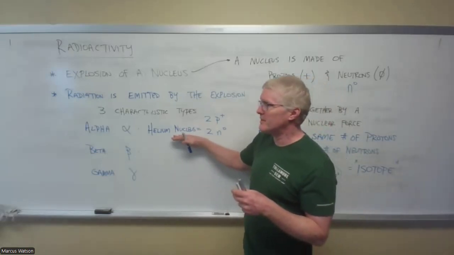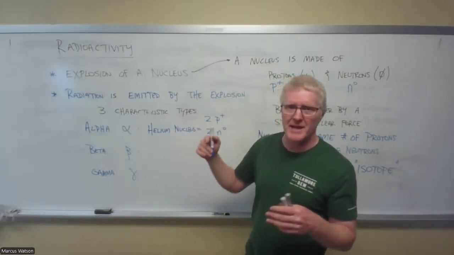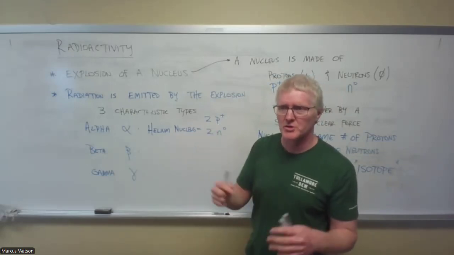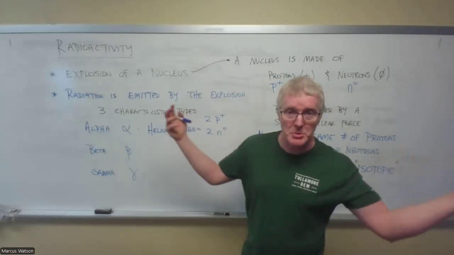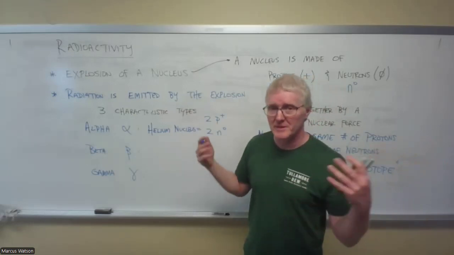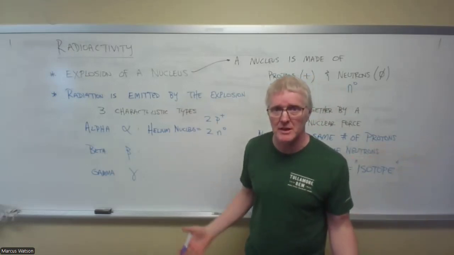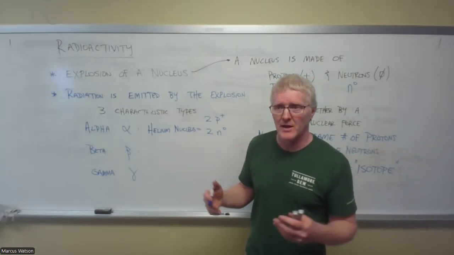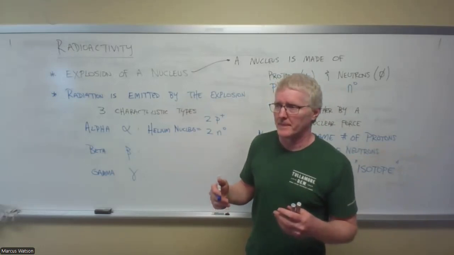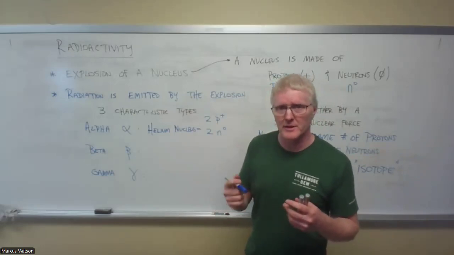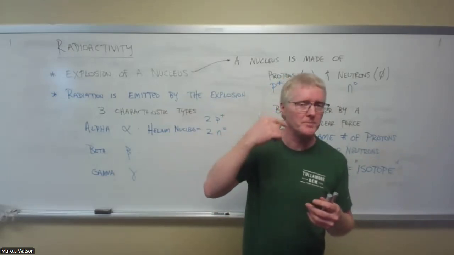These are typically not good enough to get past your outer layer of skin. So even though you might be surrounded by alpha particles, you'd be safe typically just with the skin. Now that's different if the alphas were to be ingested.